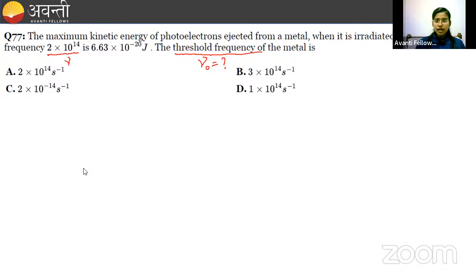And also the maximum kinetic energy of the photoelectron is given as 6.63 × 10^-20. So kinetic energy is also given.